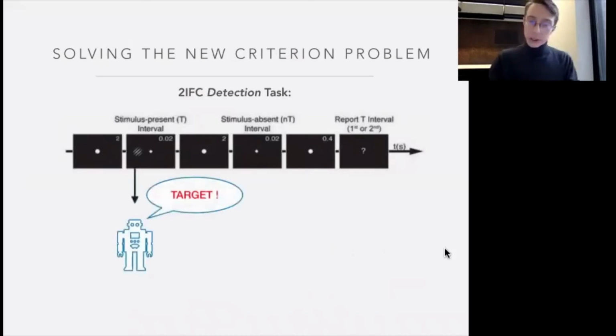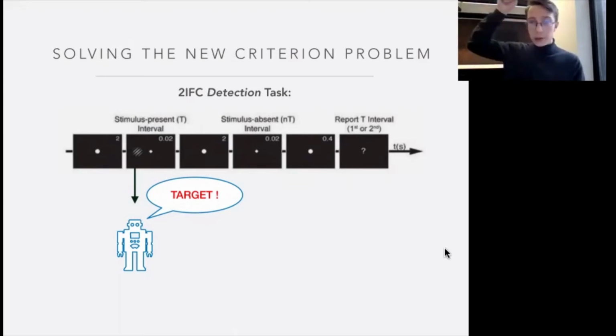Okay, according to signal detection theory, here's how you do this task. You have one feature detector, one detector in your head that I represent here as a little robot. In my head, it's like I have a little robot that tells me when the target is present.